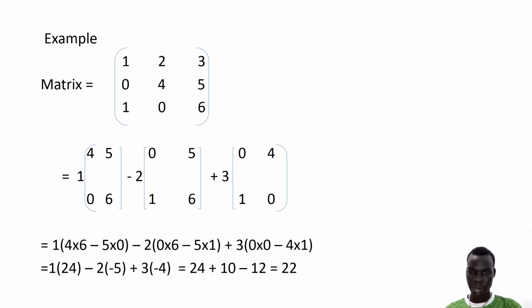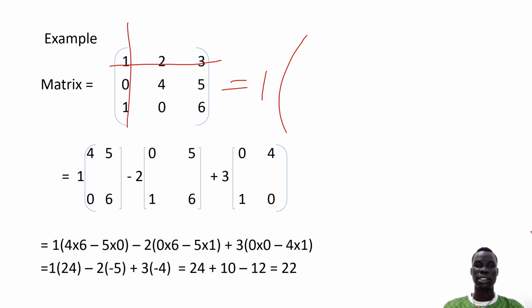So now let's go to the example. The example of the 3 by 3 matrix is 1, 2, 3, 0, 4, 1, 0, 5, 6. Let's start: 1, then we remove row 1, column 1. Then we say 4, 1, 5, 6.